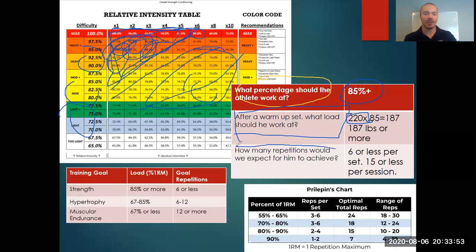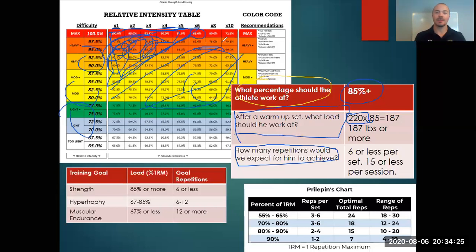And how many reps would we expect for him or her to achieve? On those sets, wherever we end up training on that given day, we're probably not going to be training with more than 6 reps. Again, because if we are, then that proves that we're no longer training at 85% or above. Unless we've grown stronger and we're surprised that we can do 8 reps instead of 6, so what used to be our old 6 rep max is now 8.